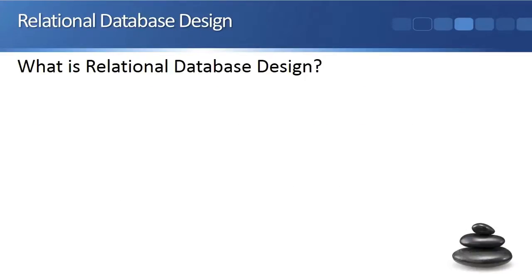What is relational database design? The word design can be used as either a noun or a verb. As a noun, it represents something tangible, and as a verb, something intangible, a process. As a noun, it represents the end product of the process, and as a verb, it refers to the process itself.